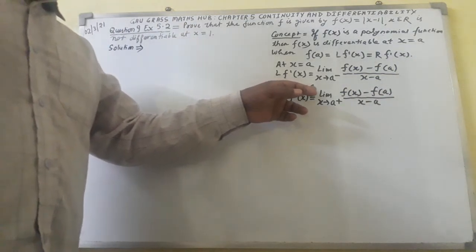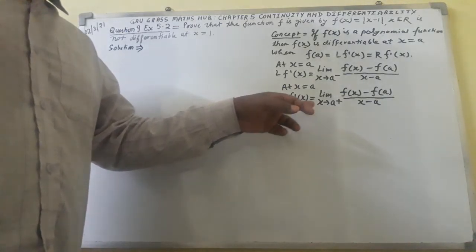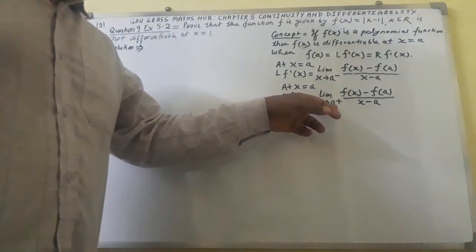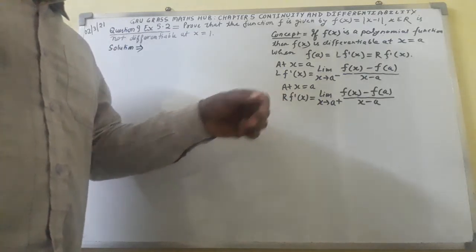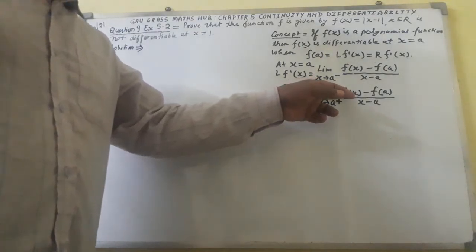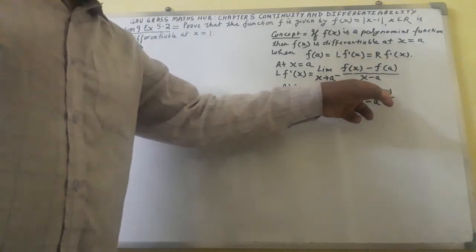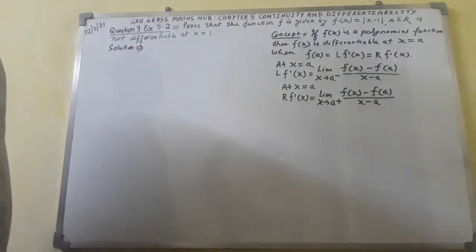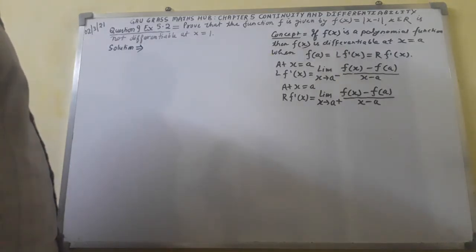At x equal to a, right hand derivative of f of x equal to lim x tends a positive, because here right is written, f of x minus f of a whole over x minus a. This is the basic concept related to derivative of f of x. You must remember this one.